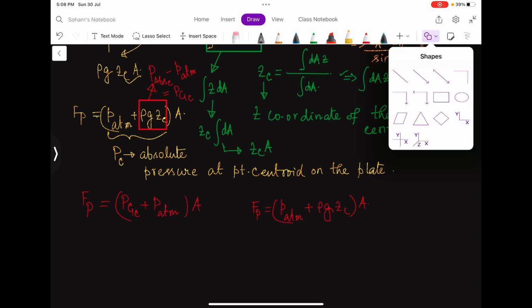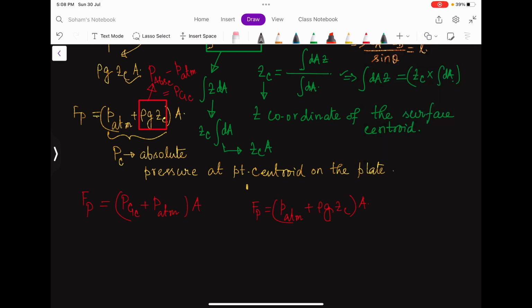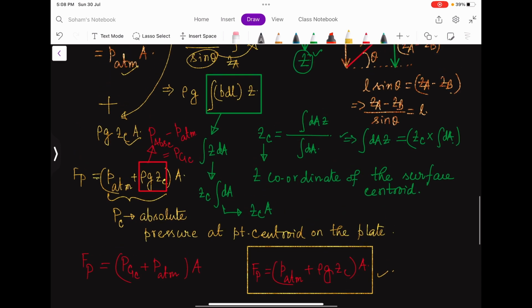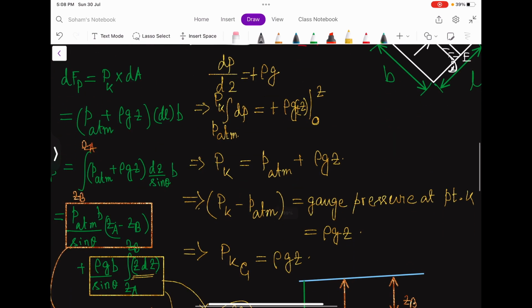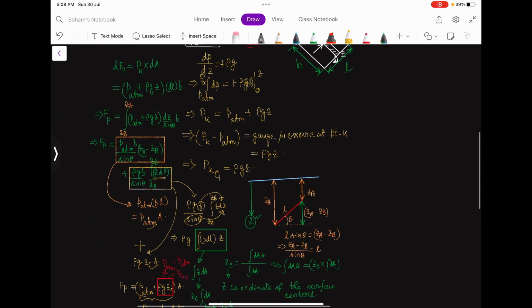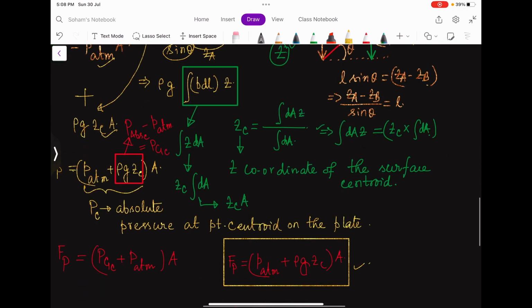In your semester examination, you can be asked to prove this, then you have to prove this by all these steps. Okay, fine.